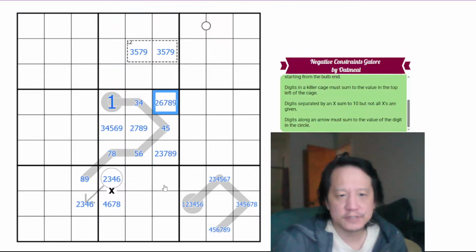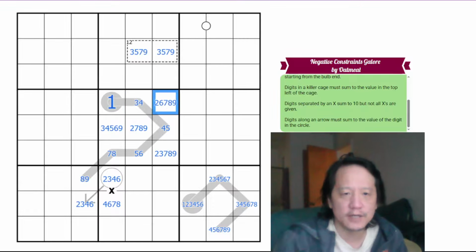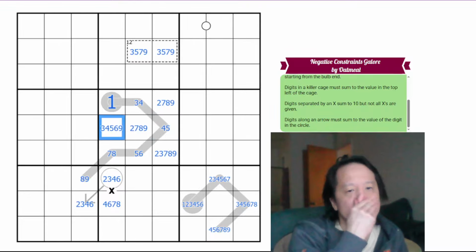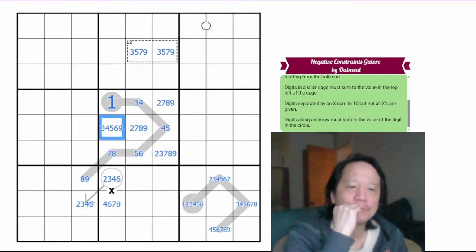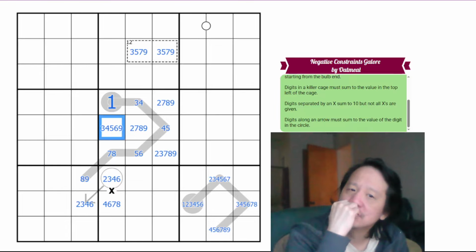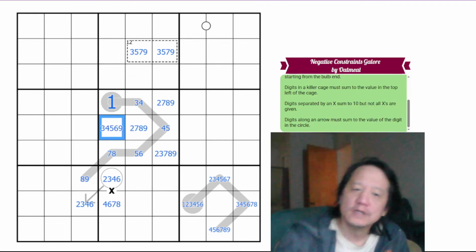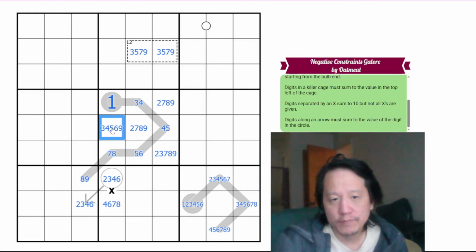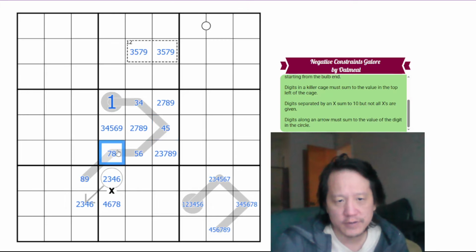If this is 6 here, this would have to be 5, 4, and 3, and 3 and 6 would be in a 1 to 2 ratio. So this cannot be 6 here. If this was 4, this would force this to be 5, 6. This could be still 7 or 8, so that's still fine.